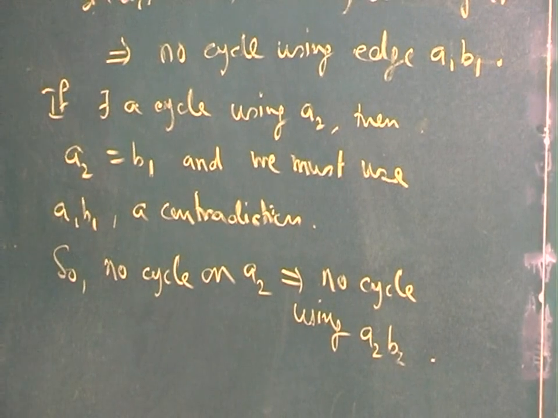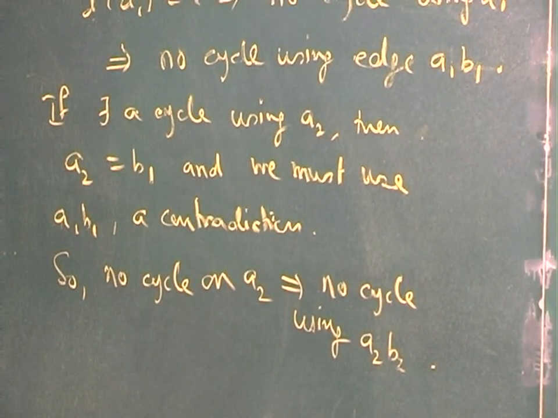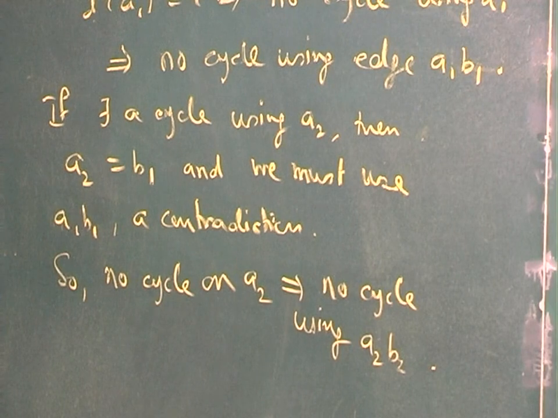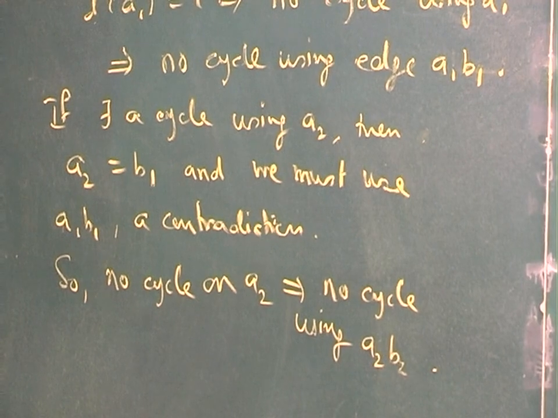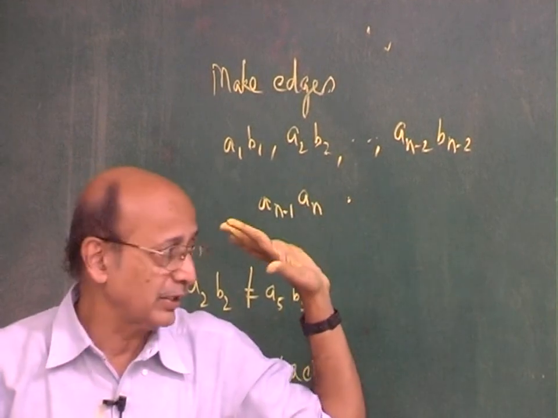You can now just continue in this manner. You can inductively assume that there is no cycle up to A1, B1, A2, B2, A3, B3 up to Aj, Bj. Argue that when using Aj plus 1, you could not have a cycle, because in such a cycle Aj plus 1 would have to be equal to some Bi previously, but there is no cycle that uses the previous Aj's, and so on.